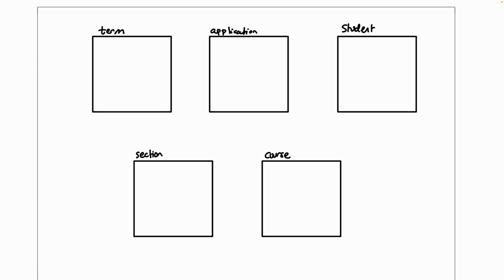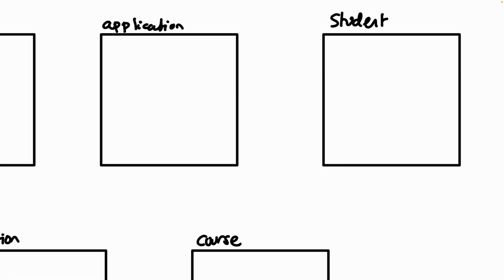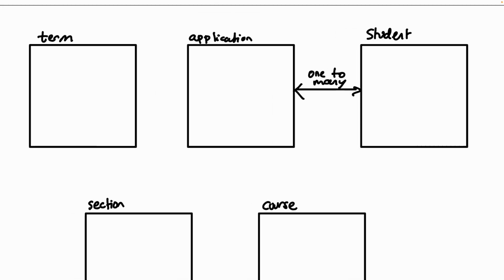I don't think there'd be a situation where you'd have a many-to-many where, like, one application has multiple students on it. I don't think that would probably happen. So we can write one-to-many. And I think that makes sense, right? Where one student is connected to many applications.